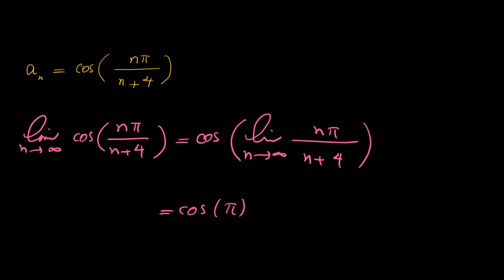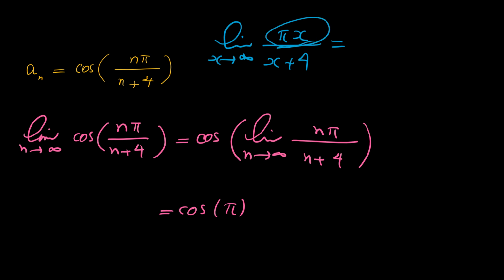This is one method. If you want to use L'Hopital rule for this, you can say limit of pi x, or x pi, the order really doesn't matter, over x plus 4 when x approaches infinity is, based on the L'Hopital, we take derivative of the top, pi. What is the derivative of the bottom? 1. So it's pi.